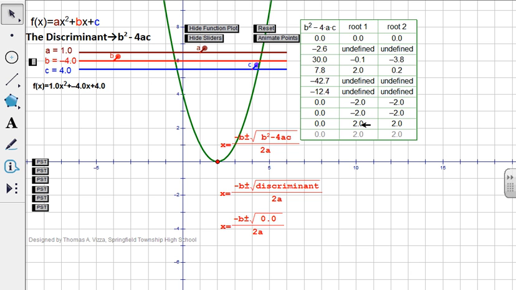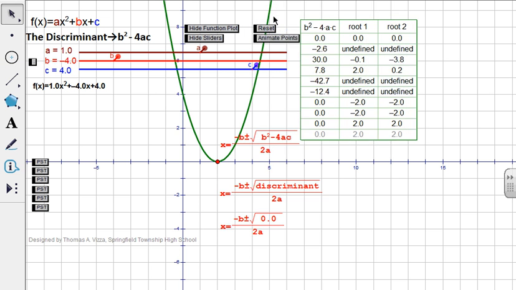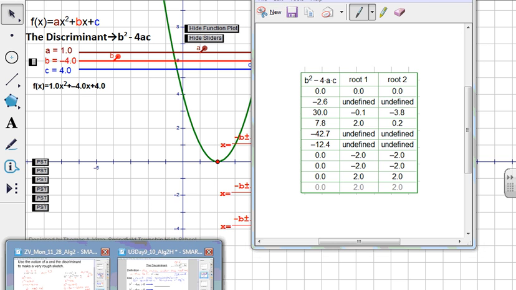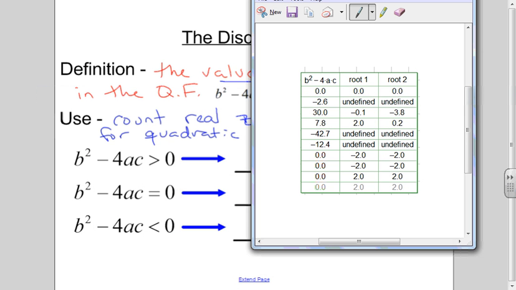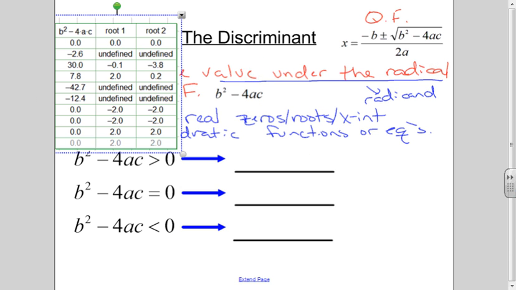Okay, so what does this mean? Let me just get a little bit of a look here at this table, and we'll put it over here with the notes. Okay, copy that, come back here, get rid of this, go for quick paste.